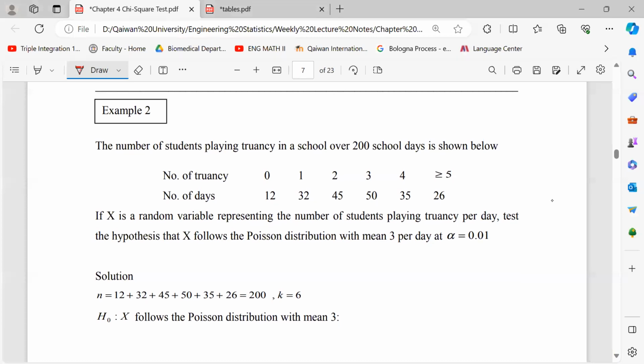We now have another example. It says the number of students playing truancy in a school over 200 school days is shown below. Number of truancy: 0 in 12 days, 1 in 32 days, 2 in 45 days, 3 in 50 days, and 4 in 35 days.